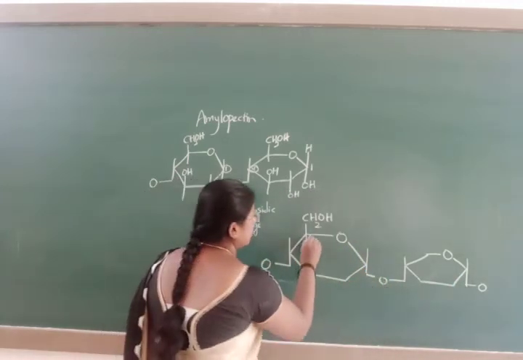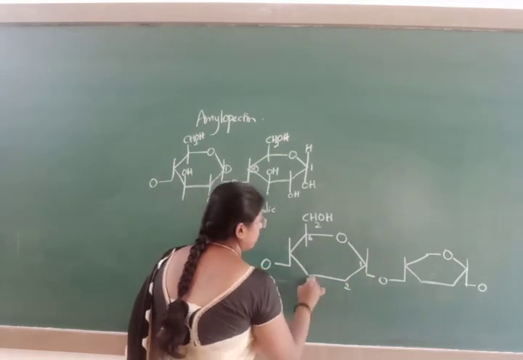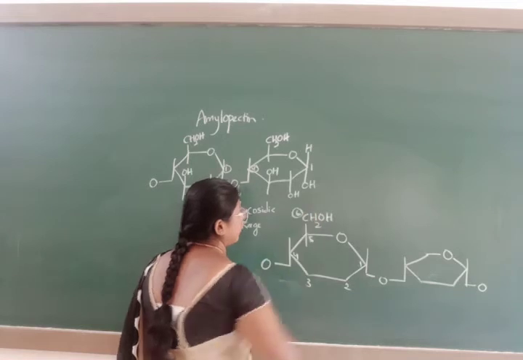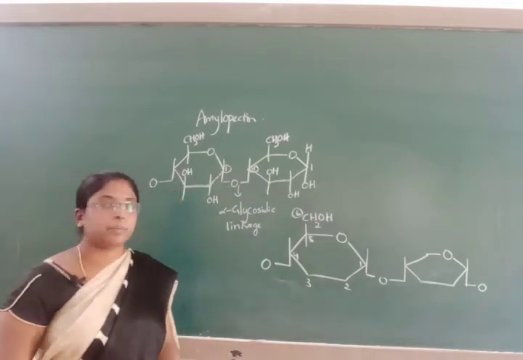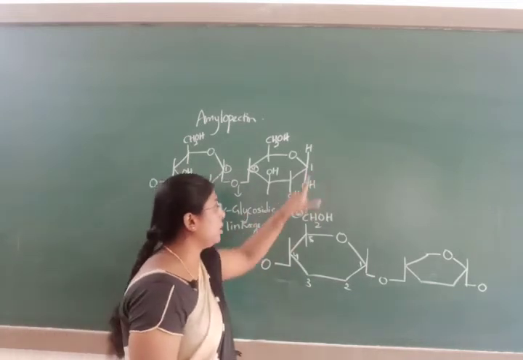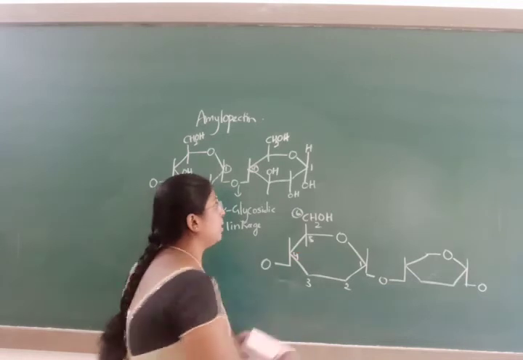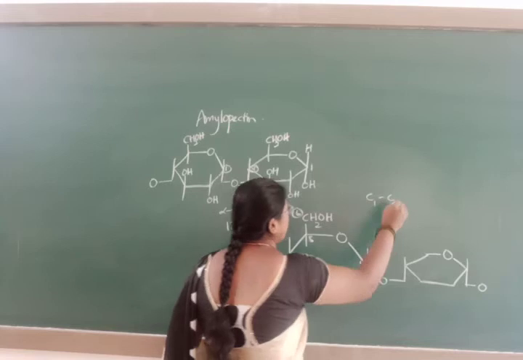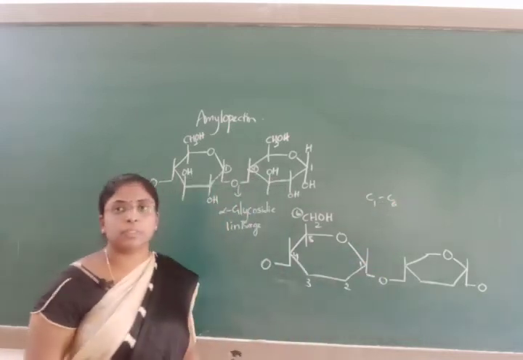This is C1, 2, 3, 4, this is 5, and this is the sixth one. The linkage takes place between C1, C6. Where the branching occurs, there the branching linkage will be C1, C6 alpha glycosidic linkage.